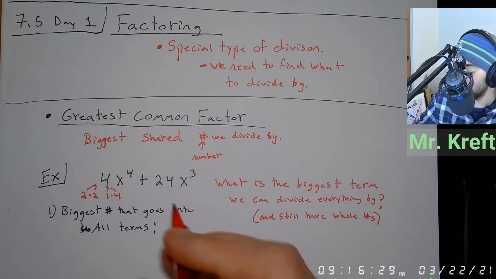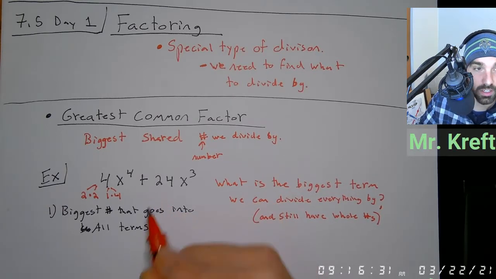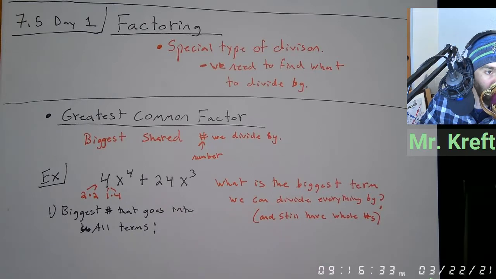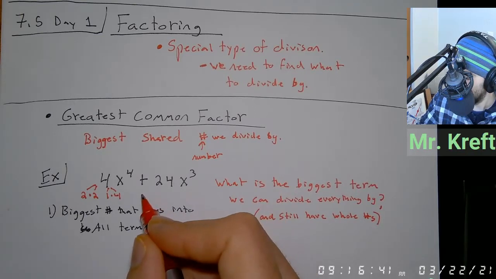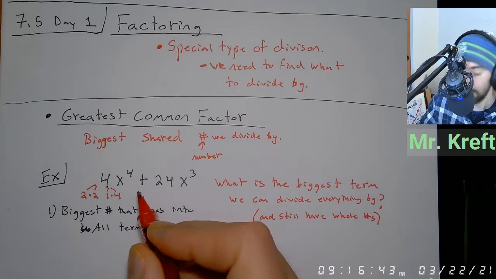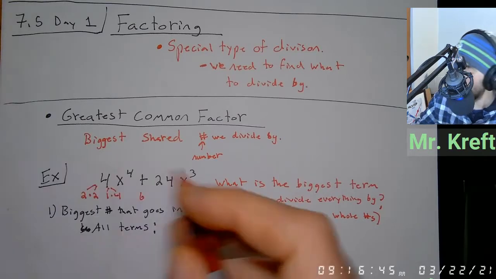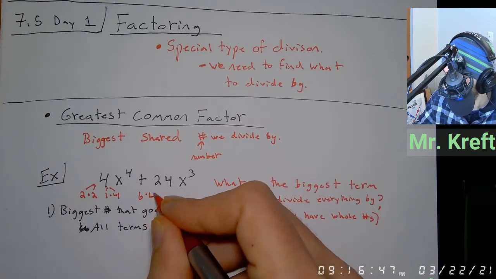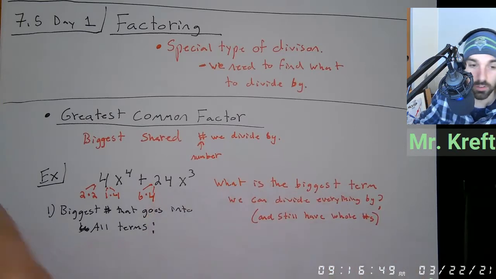And then what about 24? What things multiply to get 24? Six, and what? 6 times 4. What else, guys?